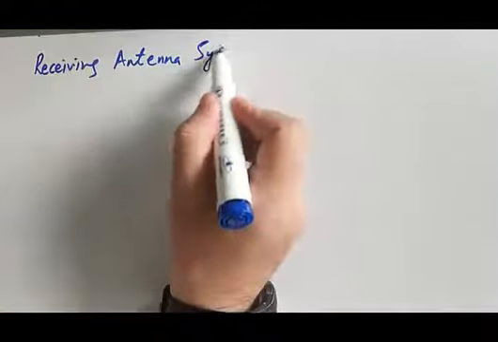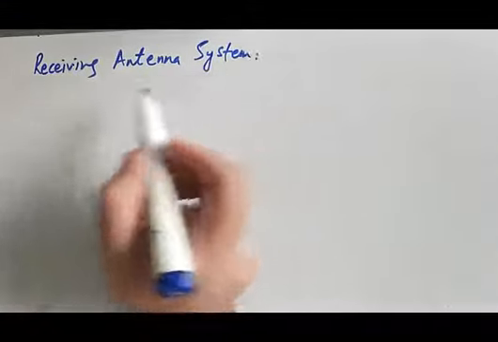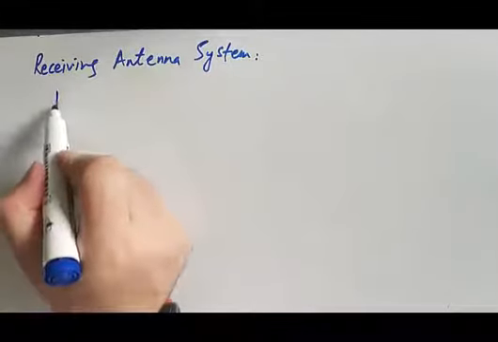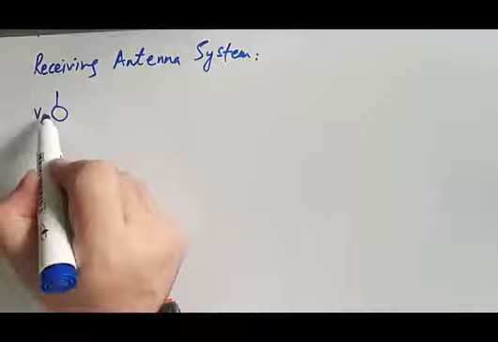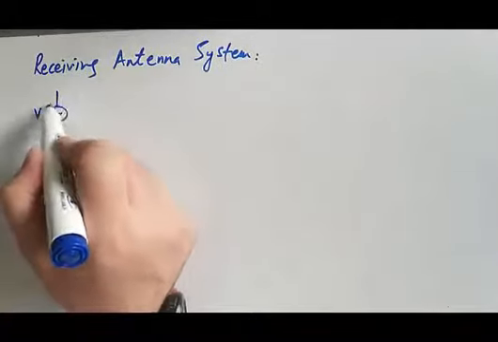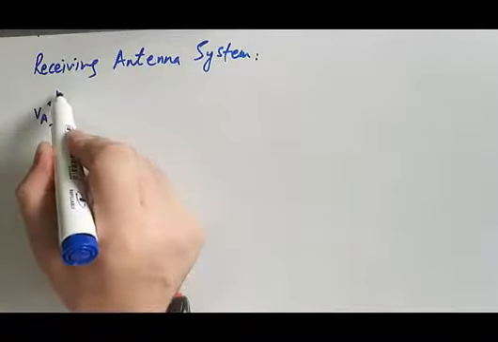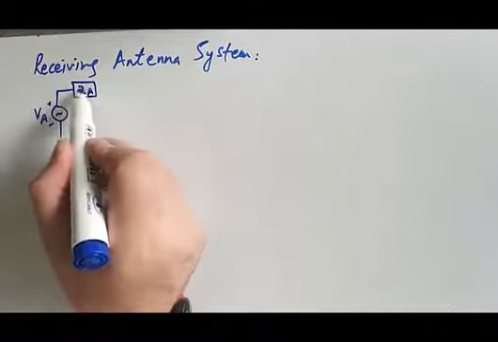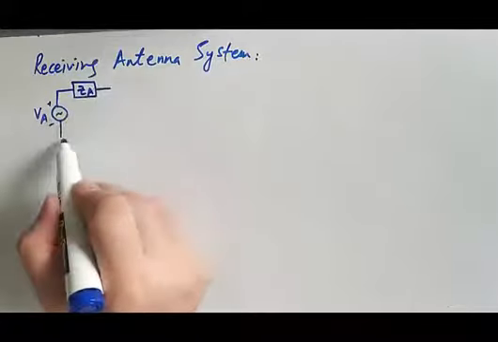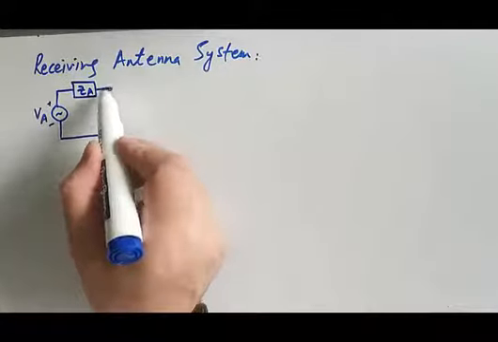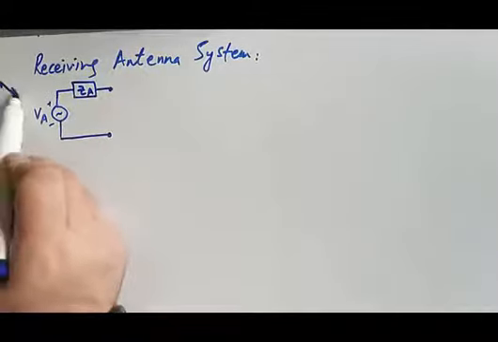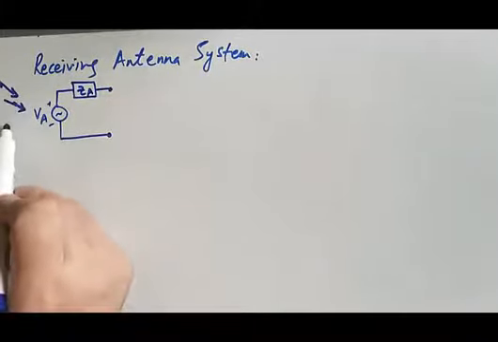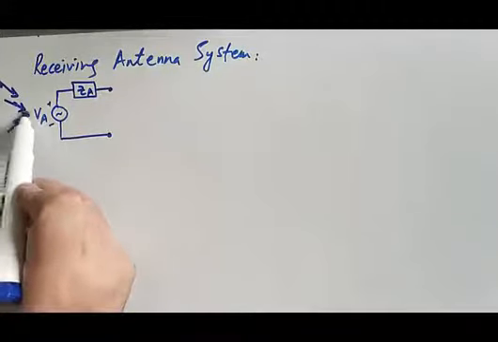So in the receiving antenna system, let us draw the block diagram, where VA denotes the voltage of the antenna and ZA shows the antenna impedance. In reception mode, a wave comes from outside and strikes the antenna.